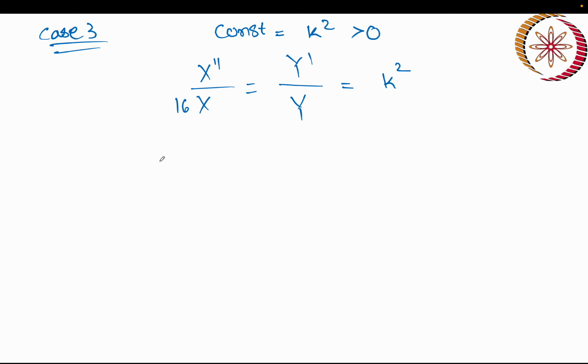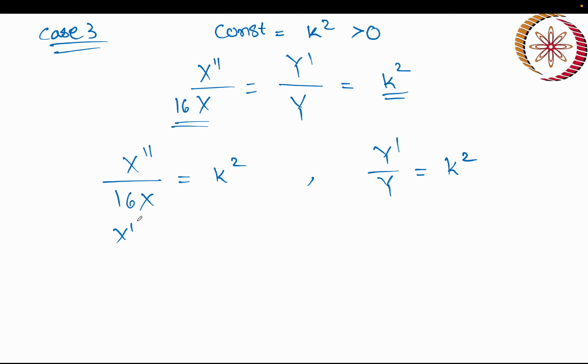Okay, so we'll write these two terms at a time, which is similar to what we did before, x double prime minus 16k square x is equal to 0, and y prime is equal to k square y.